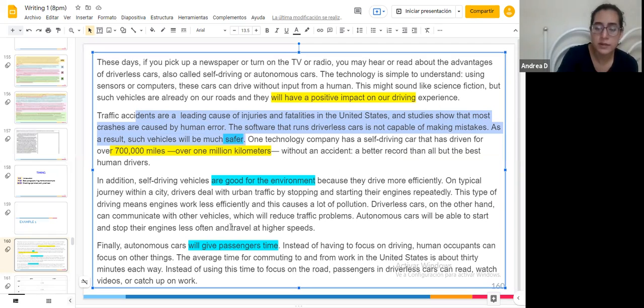Now, in the other ones, is there any other example? Any other example?